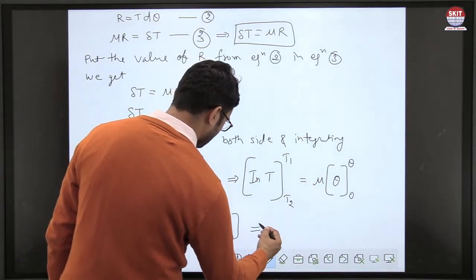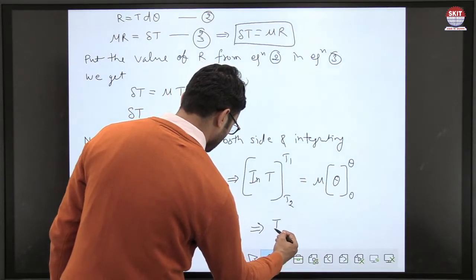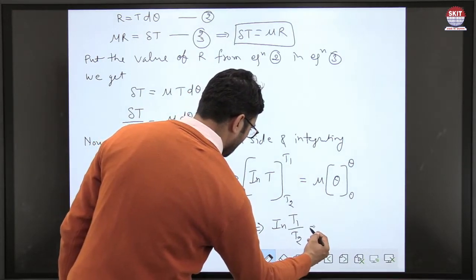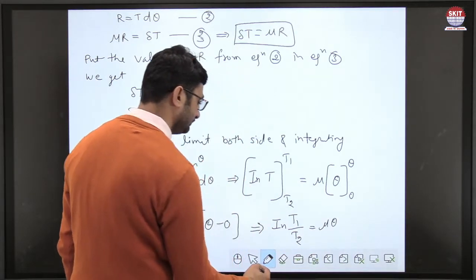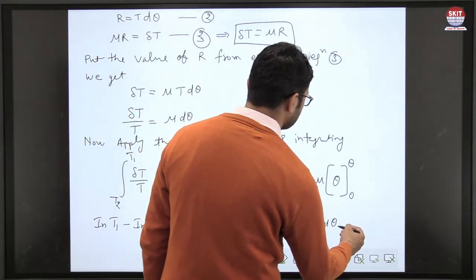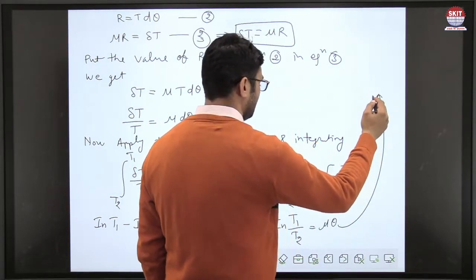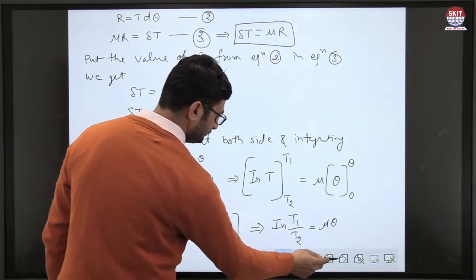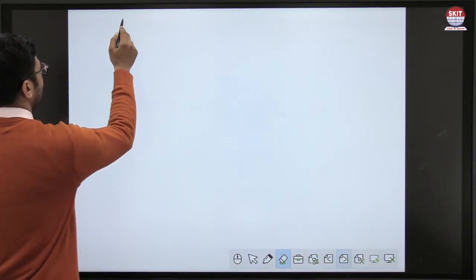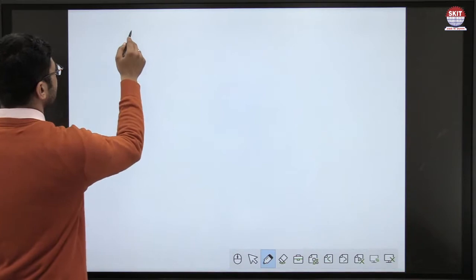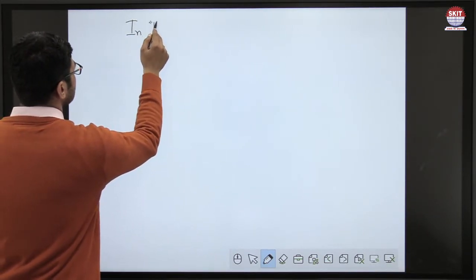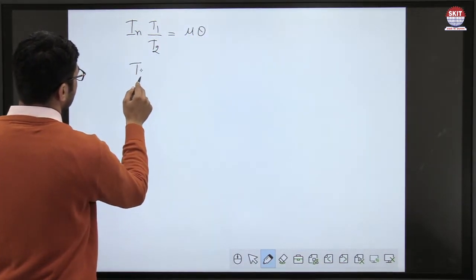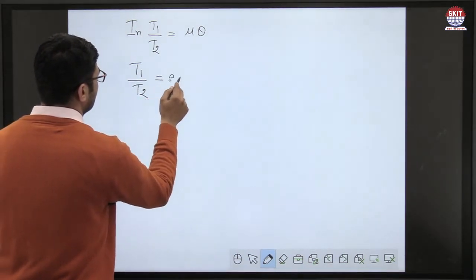So we write this as T1 upon T2 equal to mu theta, and we can write this as T1 upon T2 equal to e to the power mu theta.